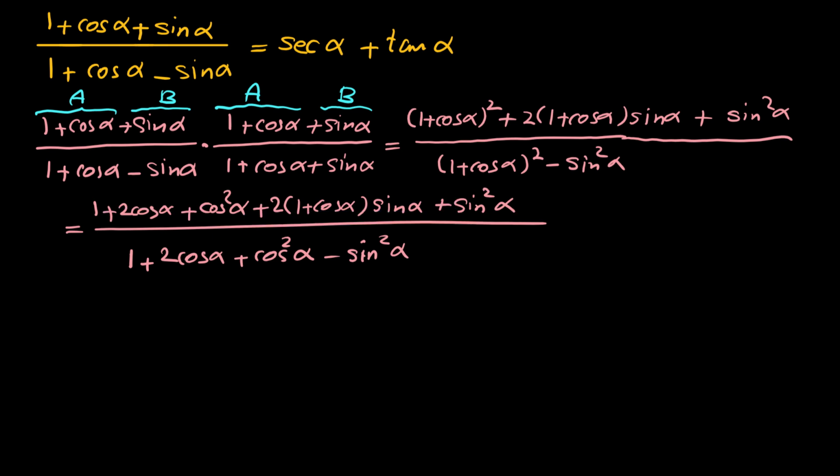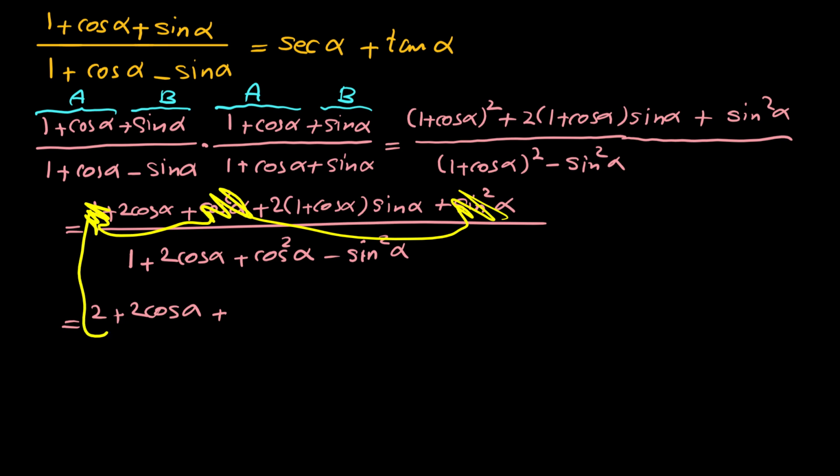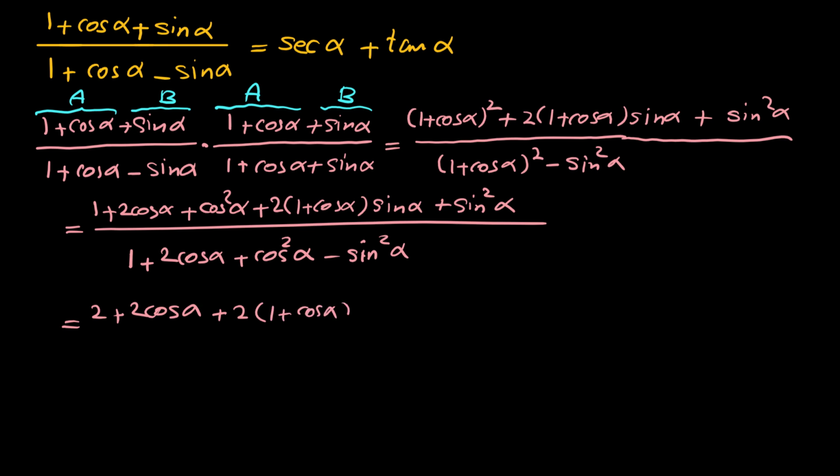So in the numerator we have 2 plus 2 cosine alpha plus, so don't forget, the sum of these two is 1. 1 plus this one is 2. So these are gone and we have 2. And we have this term and of course this term. So plus 2 bracket 1 plus cosine alpha times sine alpha all over.